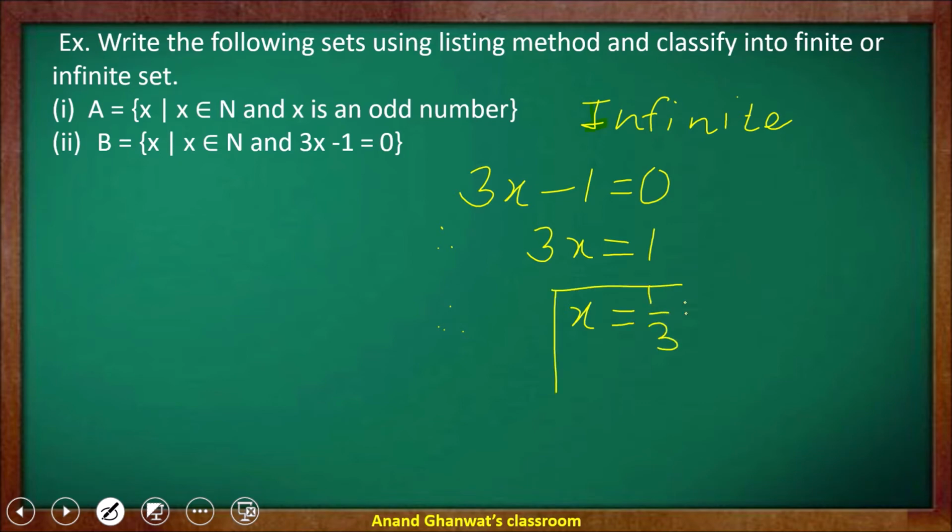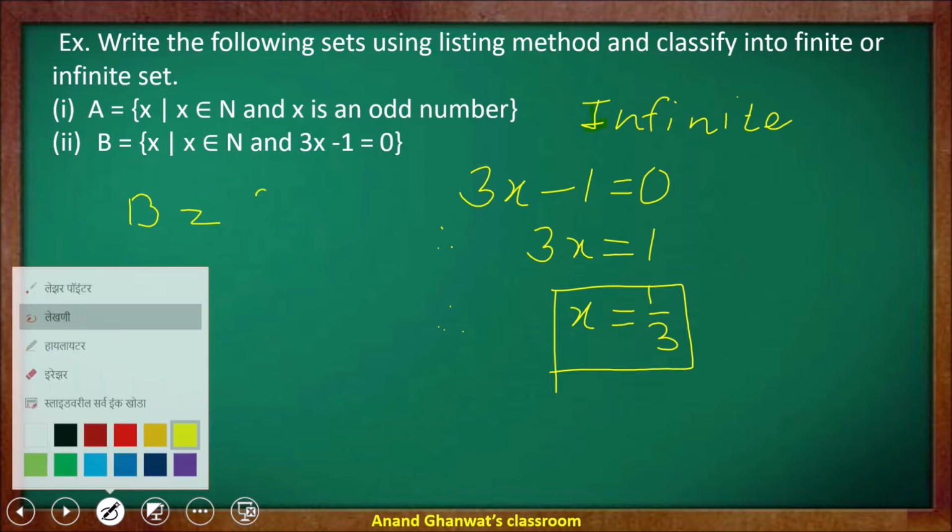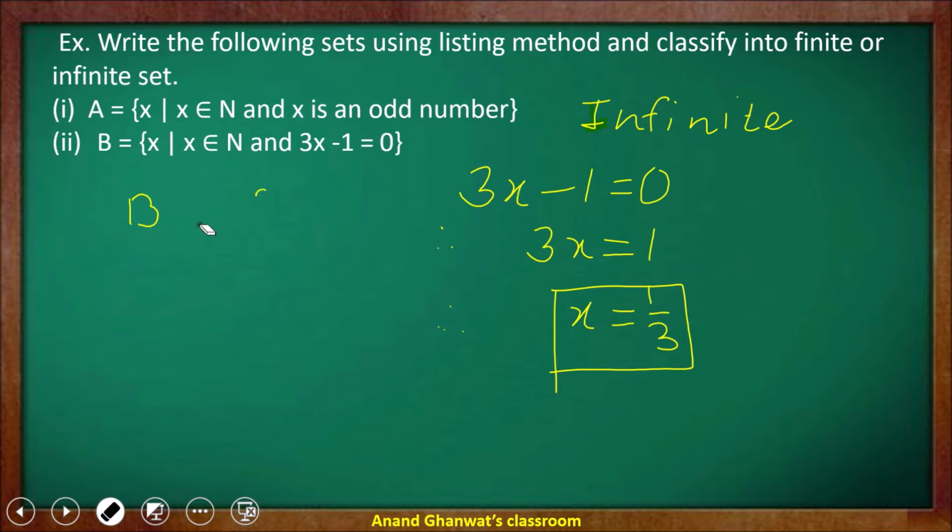Now 1 upon 3 is not a natural number, but x belongs to natural numbers, meaning 1, 2, 3, 4, 5, 6, and the value of x here is 1 upon 3. So set B is an empty set. B is equal to blank curly brackets or phi.